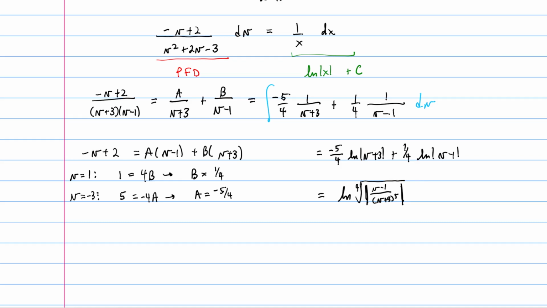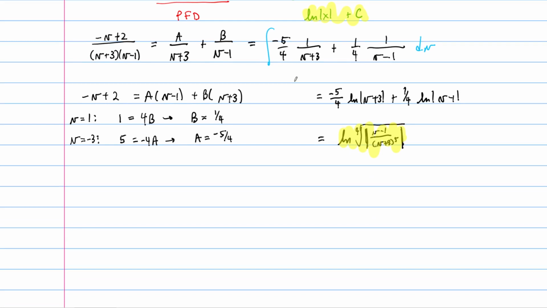And now we can finish, right? We're not going to be able to solve for v, but we can finish by setting this left-hand side equal to this right-hand side to get our implicit solution, at least. So our solution is going to be this.